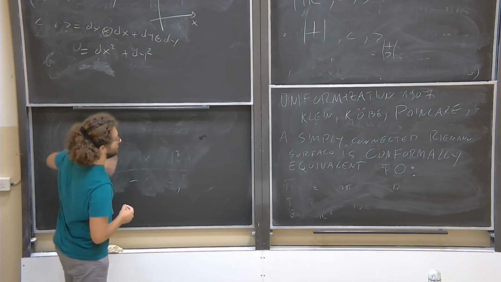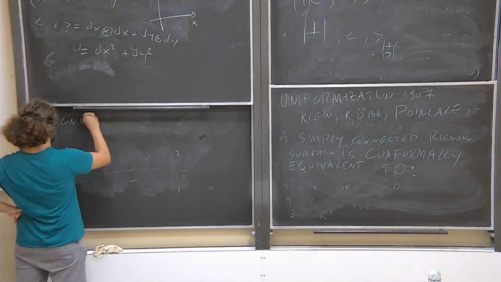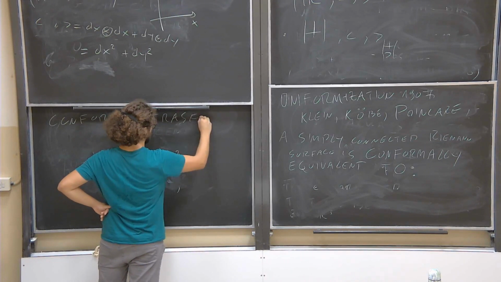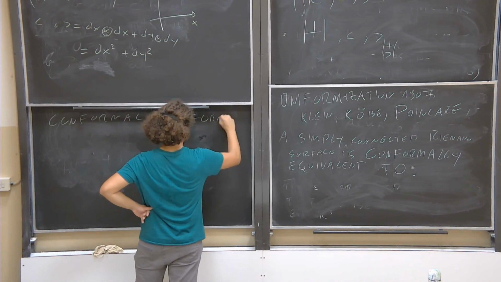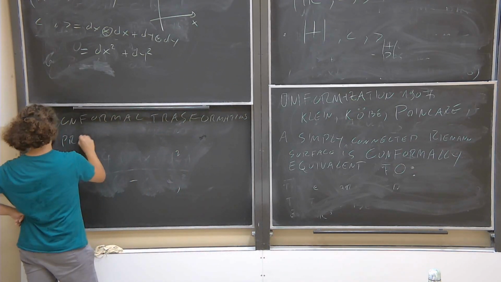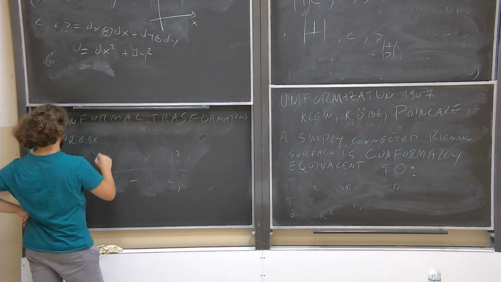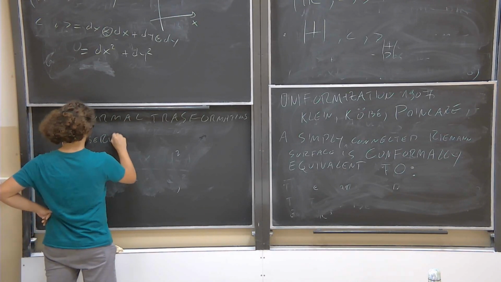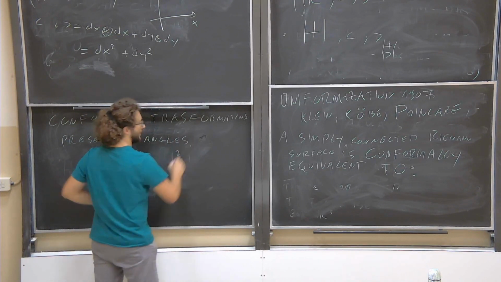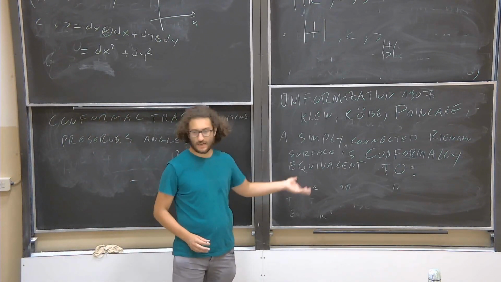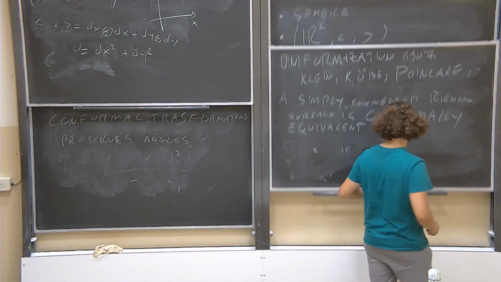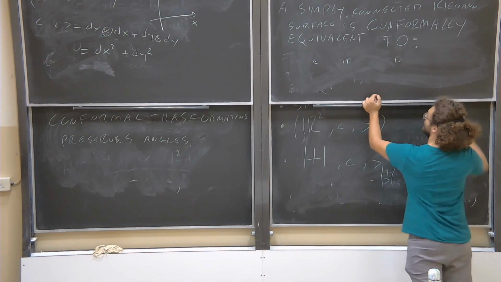Conformal transformations are the ones that preserve angles, but not necessarily distances. And in 2 dimensions, they are the same as holomorphic maps whose derivatives don't vanish. And we have already seen they're very linked to Brownian motion.